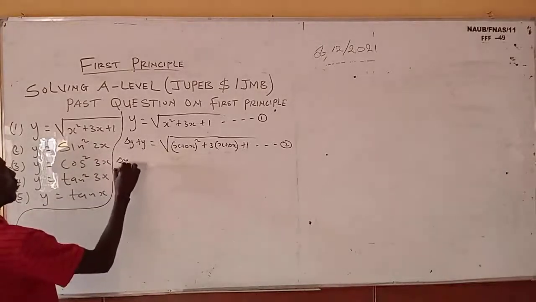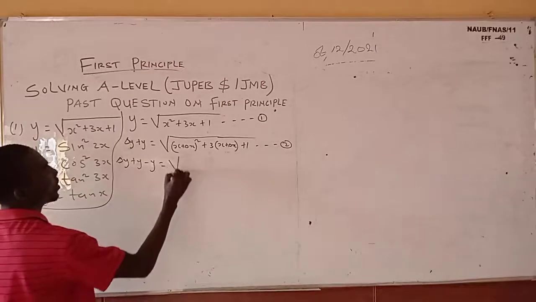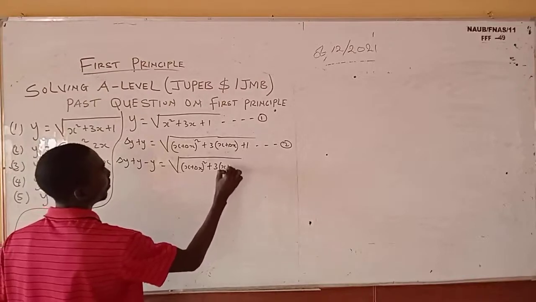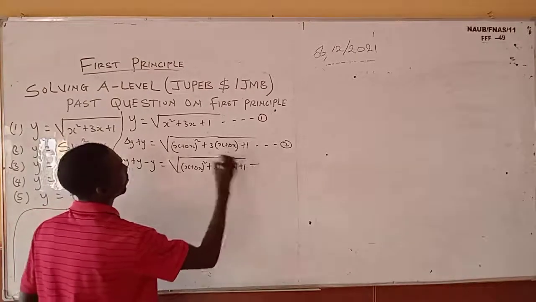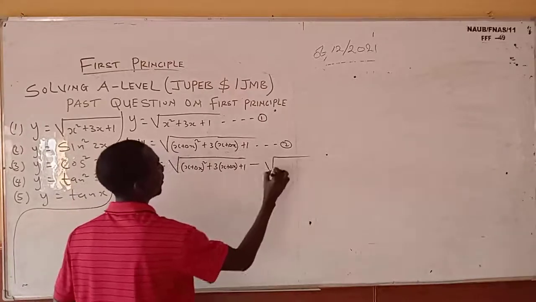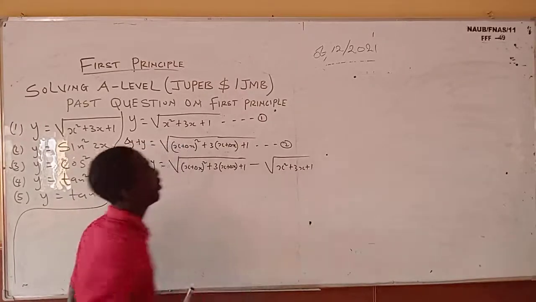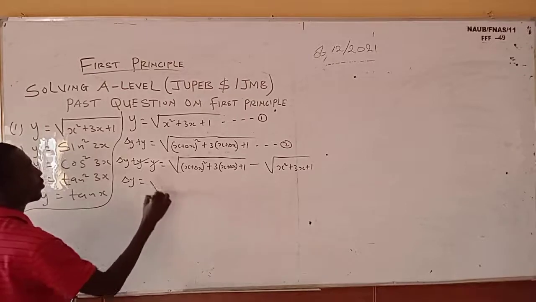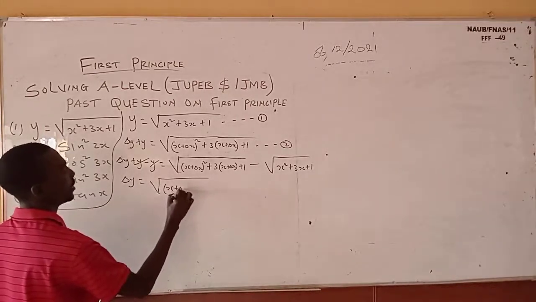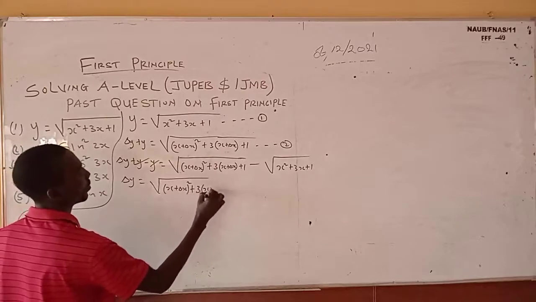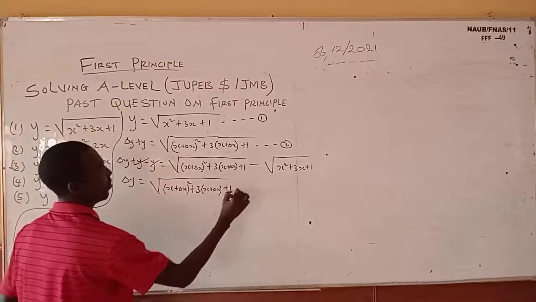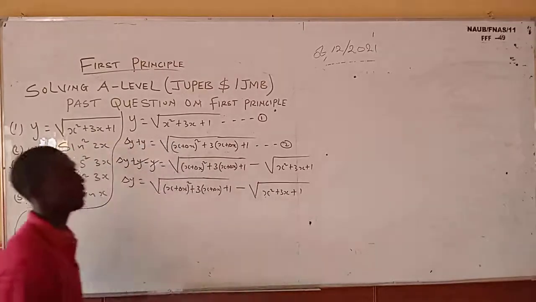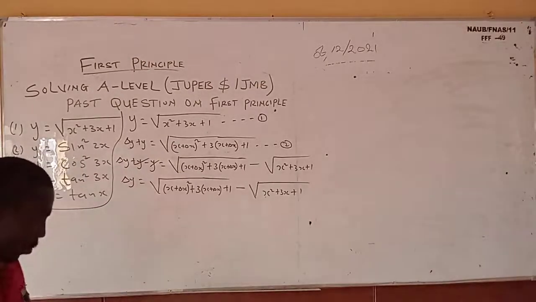Then I'm going to have change in y plus y minus y equals the square root of s plus change in s all squared plus 3 into s plus change in s plus 1, minus the square root of s squared plus 3s plus 1. You get this? So now y will cancel out y. Then change in y will be equal to the square root of s plus change in s all squared plus 3 into s plus change in s plus 1, minus the square root of s squared plus 3s plus 1.